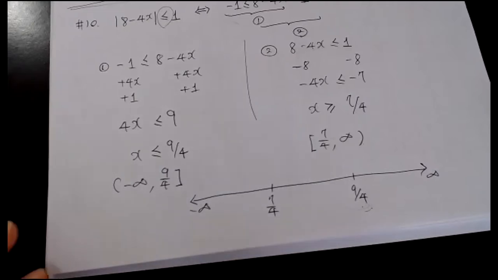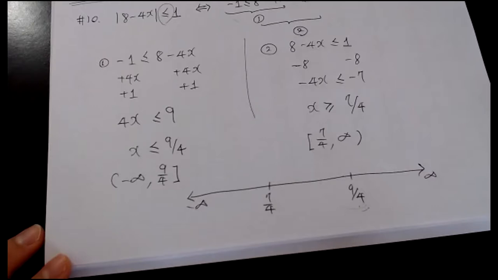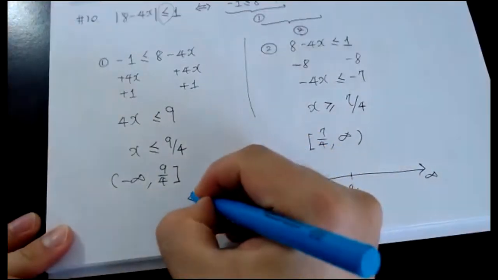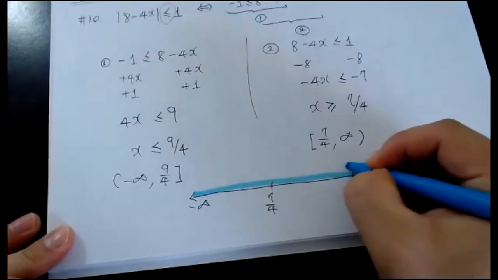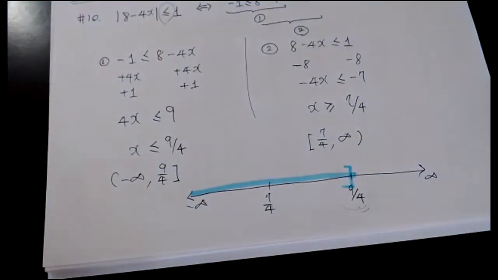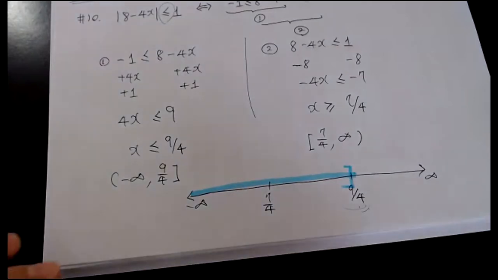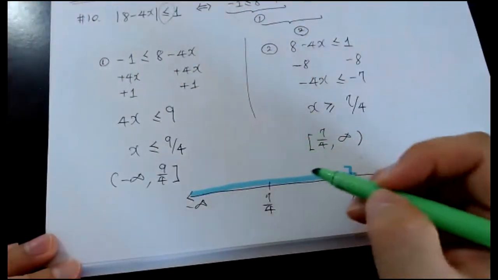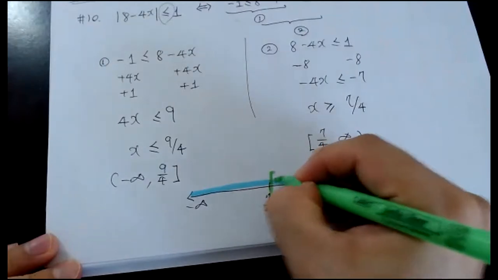So now, let's see, negative infinity to 9 over 4, closed. Let me use a highlighter to represent the solution set. Then 7 over 4 to infinity.